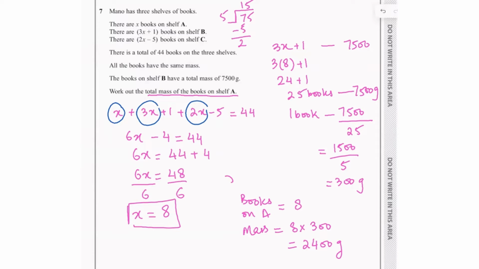Since all the books are said to have the same mass, 300 grams is the mass of one book. They're asking us to find the total mass of the books on shelf A. Shelf A had X books, which means they had 8 books. So 8 times 300 gives us the mass of all the books on shelf A, which is 2,400 grams.